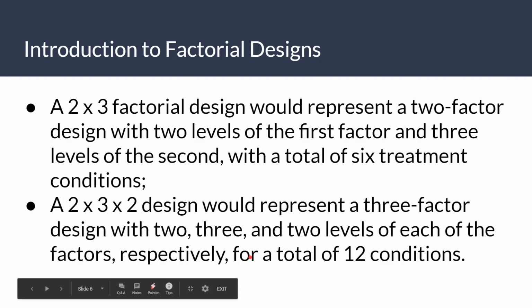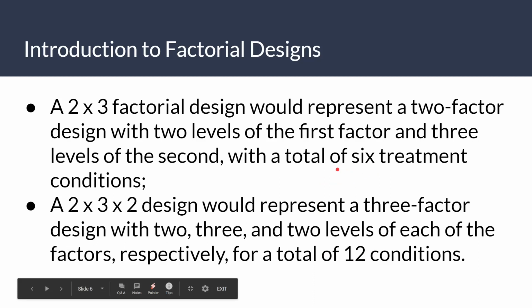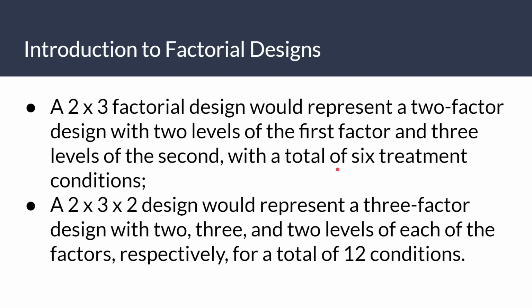In order for you to know the total number of conditions, let's just multiply all of them. So that would be 2 times 3 is equal to 6, times 2, that would be 12 conditions. So that's a harder experiment. That's a harder approach in comparison to the one above. Okay, so there are simple factorial designs while there are more complex factorial designs.